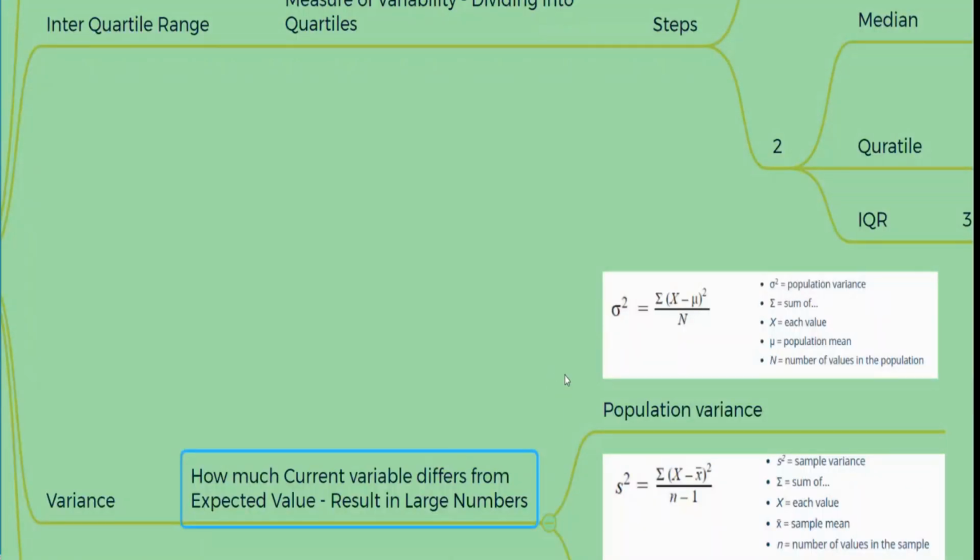We can take any example, maybe expected marks minus actual marks obtained, or in a program you are expecting one output, or in a product you are expecting some quality, but what you actually received is different. If you want to calculate those things, we will use variance.